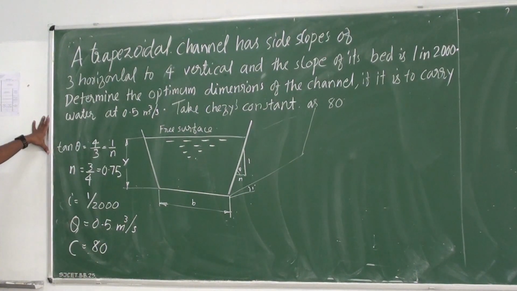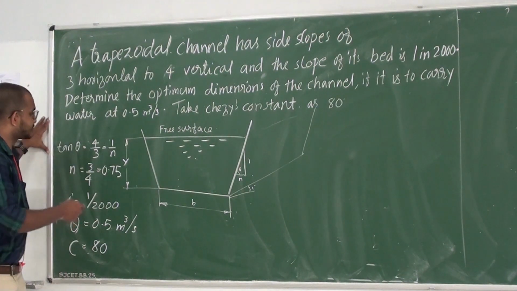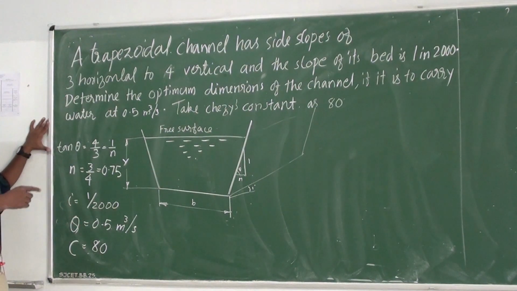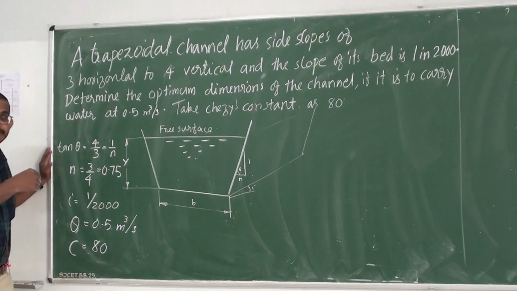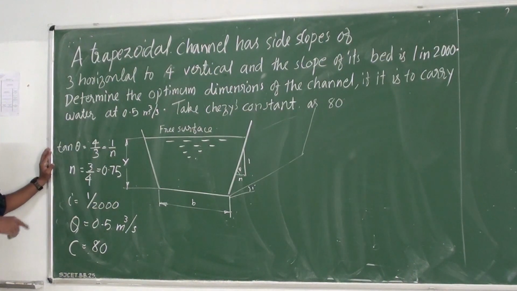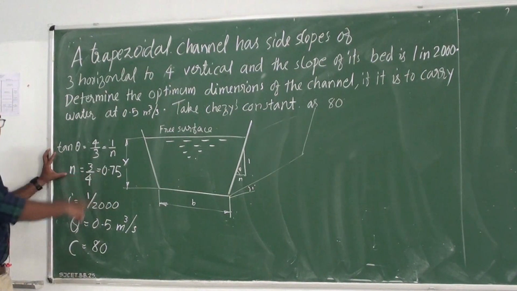Okay. So, there is a slight difference in this question. Earlier we have shown that the best side slope for the channel is theta equal to 60 degree. That means n is equal to root 3. But here n is equal to 0.75.